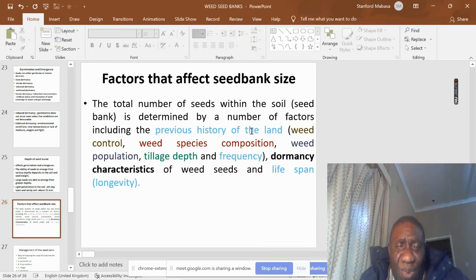That could be weed control, weed species composition, weed population, tillage depth, and frequency of tillage, dormancy characteristics of weed seeds, and the lifespan, which is longevity of the weed seeds. But probably this statement we may need to simplify it or clarify a few things.